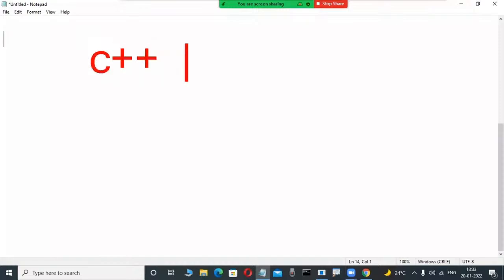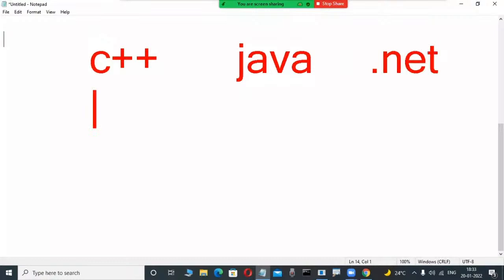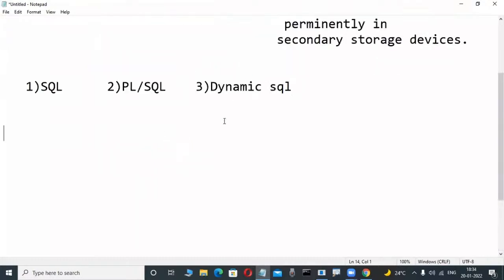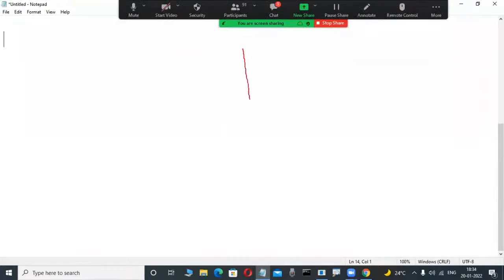C++ is an object-oriented language, Java is a popular object-oriented language, C# .NET is an object-oriented language, and VC++ is an object-oriented language. Today I'm taking two languages as an example, which share the same concepts, and we will observe whether these SQLs are different or the same.